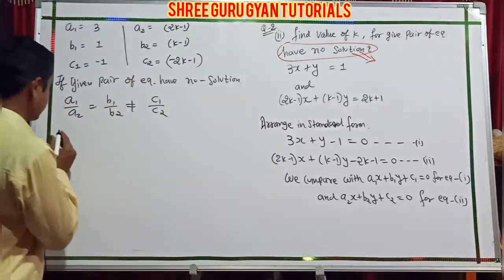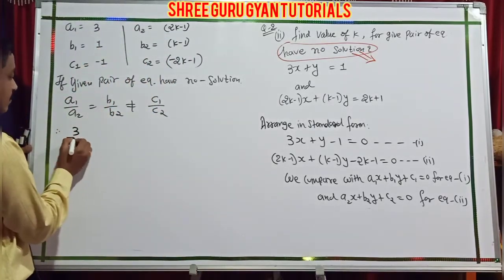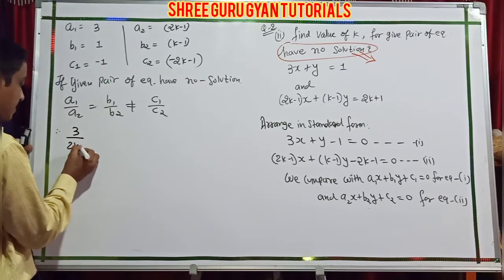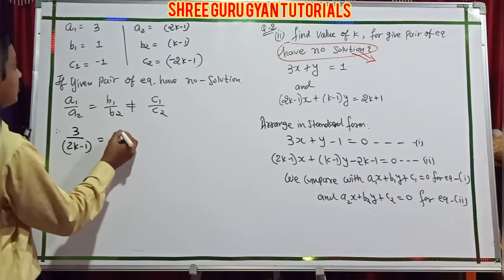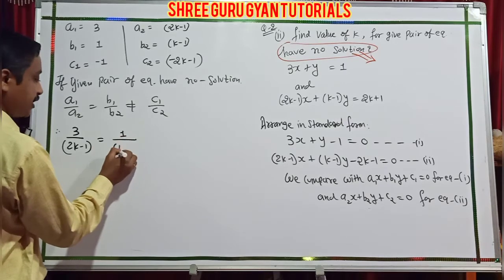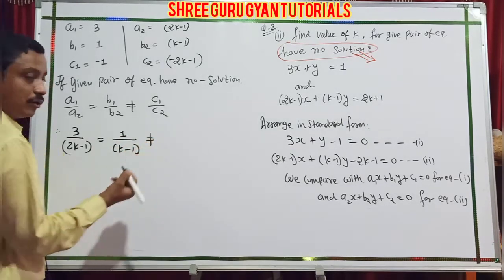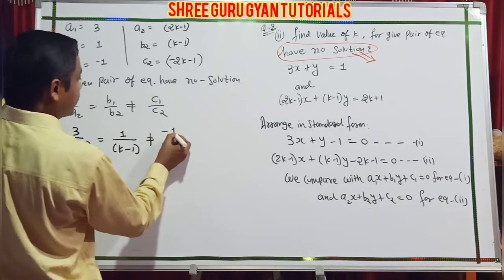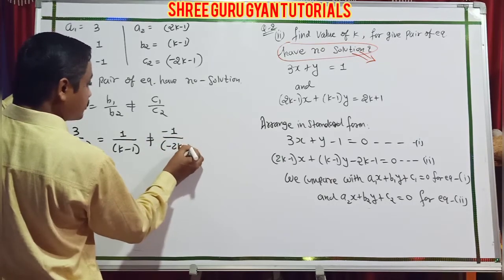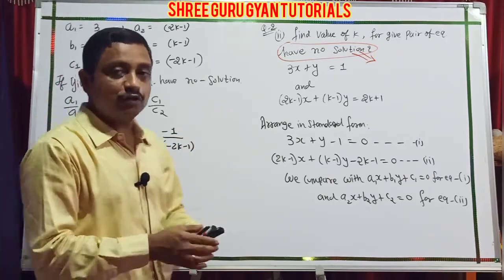So putting the values, students: A1 is 3, A2 is 2k minus 1, same B1 is 1, B2 is k minus 1, is not equal to C1, which is minus 1, and C2 is minus 2k minus 1.